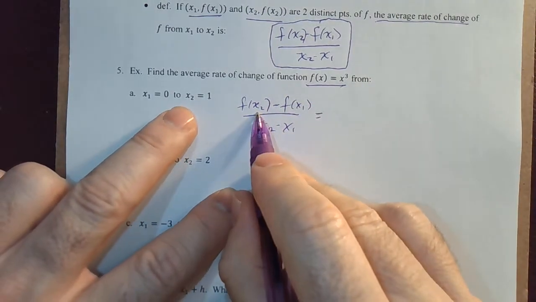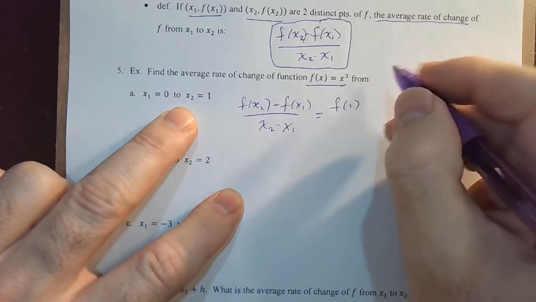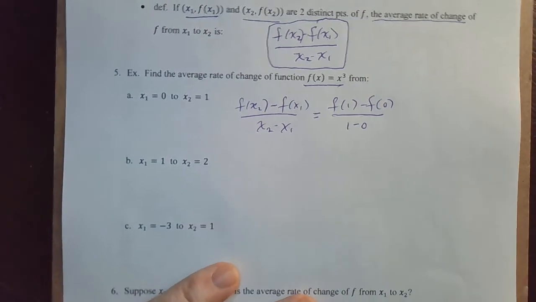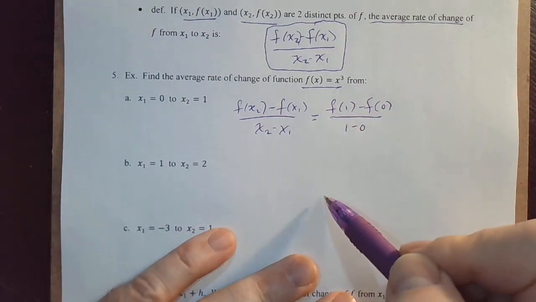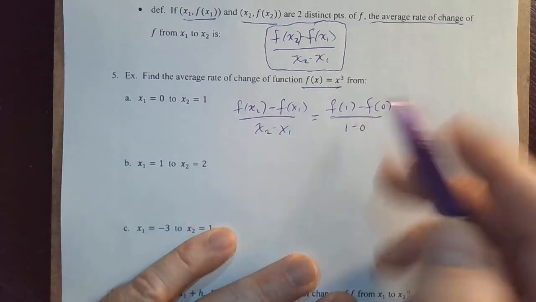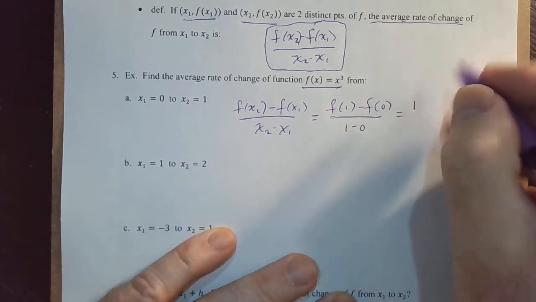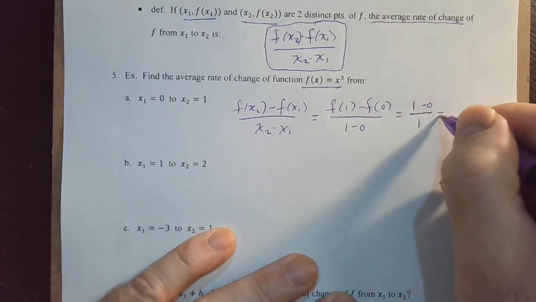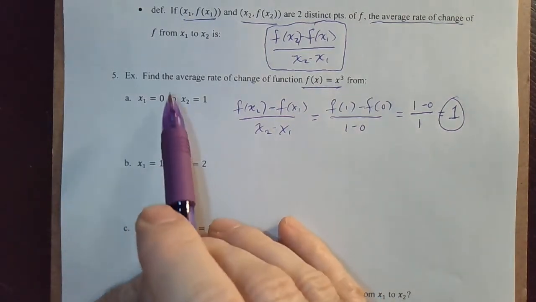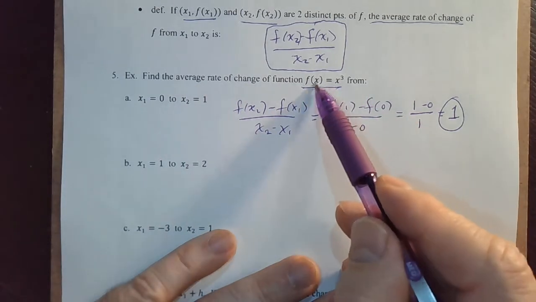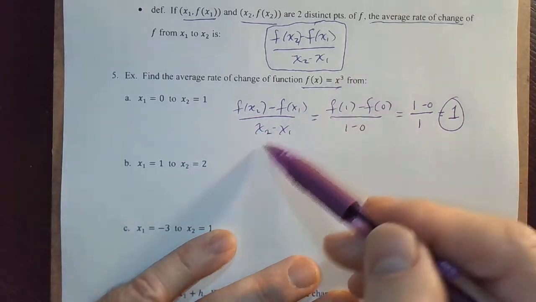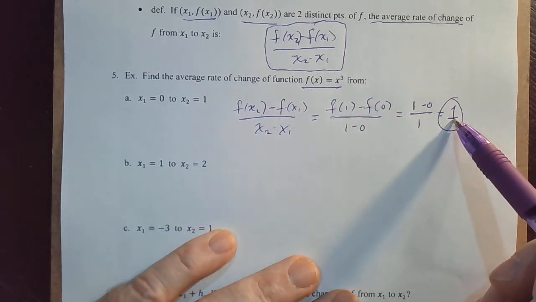So that's f of 1 minus f of 0 over 1 minus 0. As simple as that. Now we just need to plug in. If f of x is x cubed, f of 1 is 1 cubed, so that's 1. And 0 cubed is 0. So that's the average rate of change. If you drew the straight line from those 2 points, it would have a slope of 1.